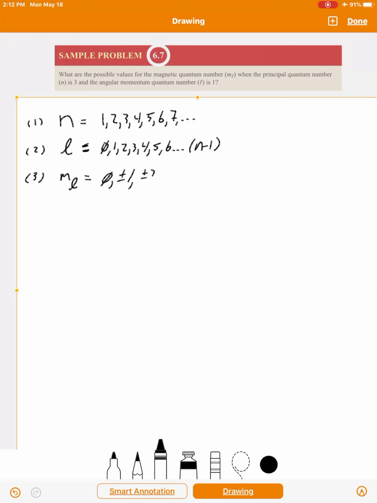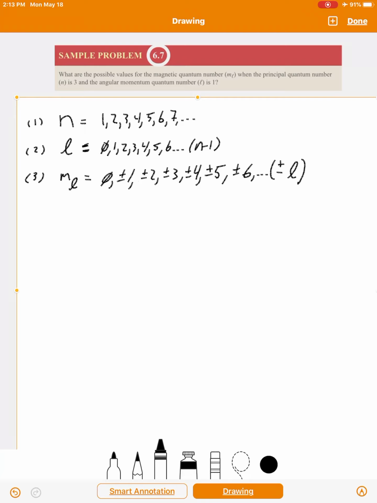Plus or minus 2, plus or minus 3, 4, 5, 6. The highest it can be is plus or minus l. That's determined by l. The limits of m sub l are determined by l. So what you do is you look at n, then l, then m sub l.